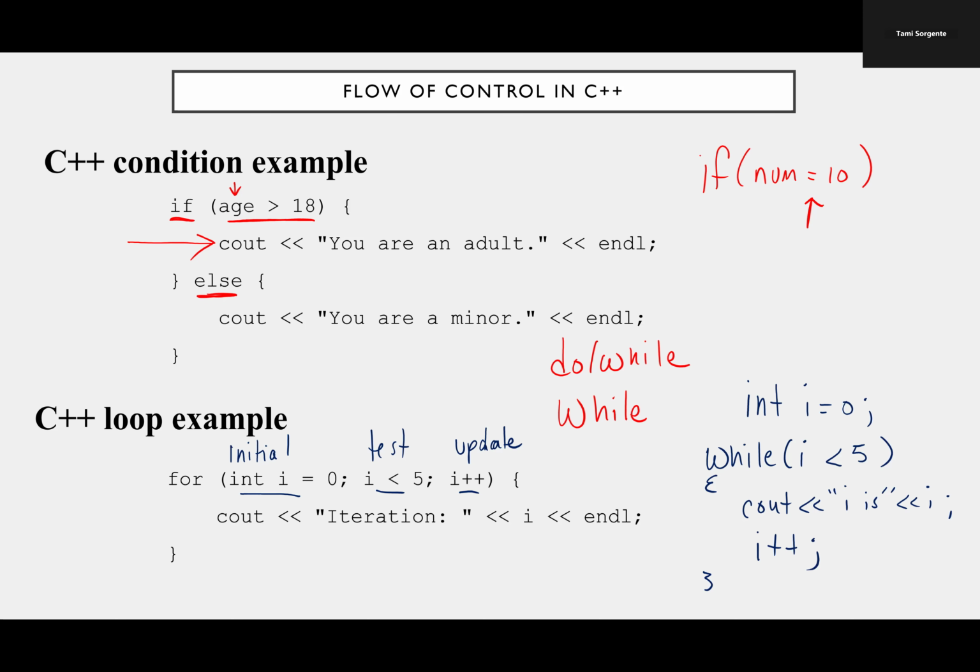This i plus plus, that's the same thing as saying i equals i plus 1. You just take whatever value it is, add 1 to it, and assign it back to i. So this loop will run 5 times when i is 0, 1, 2, 3, and 4. Once i becomes 5, the test is 5 less than 5, and that becomes false.